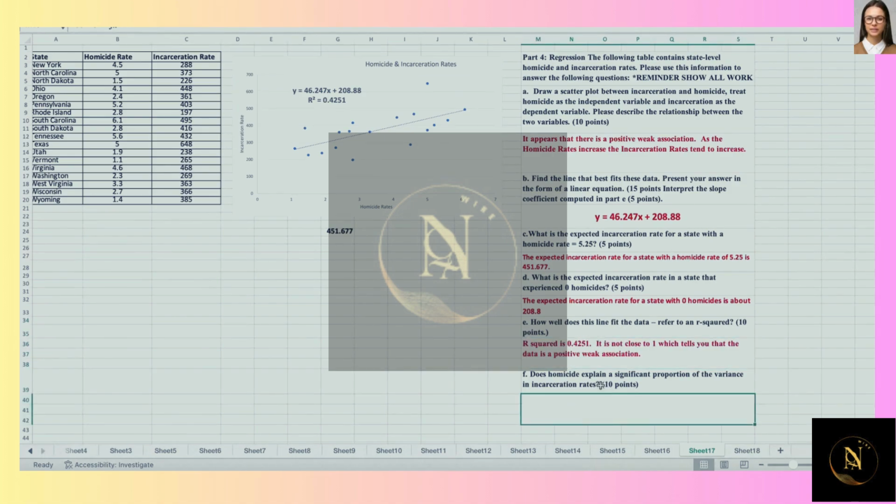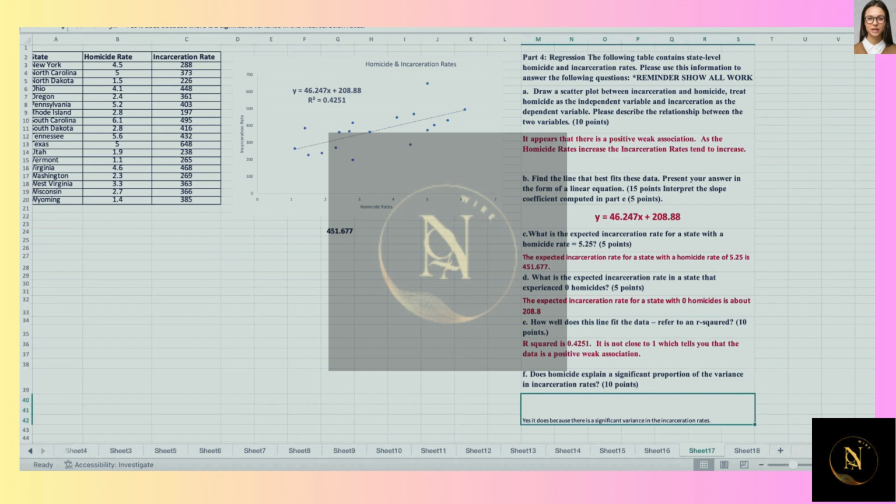Okay, does homicide explain a significant proportion of the variance in the incarceration rates? So yes, it does, because there is a significant variance in the incarceration rates.